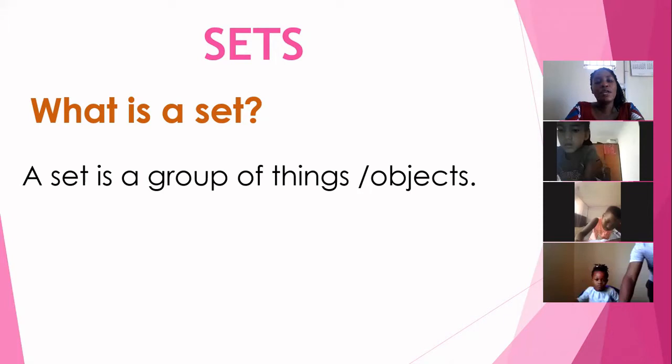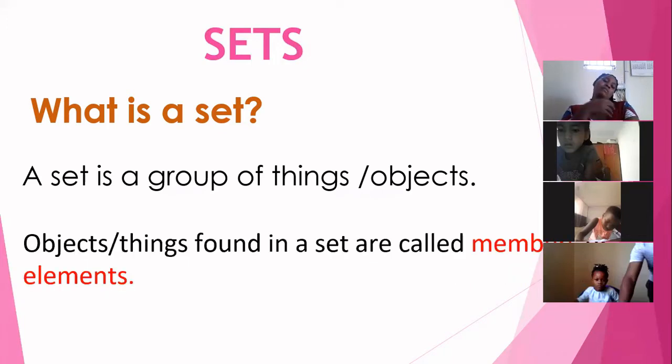Now, class, if we don't use the word group, we can as well use the word collection. A set is a collection of things or objects. Hope I'm not fast.